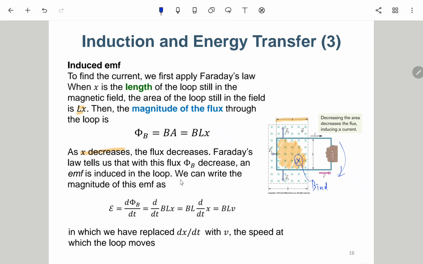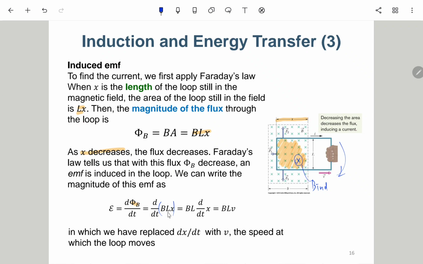Here we can write the magnitude of the EMF as this expression. We only consider the magnitude, so we just ignore the negative sign. This induced EMF is dΦ_B/dt, and Φ_B is B L x.